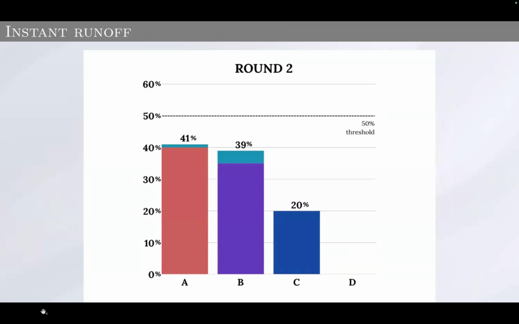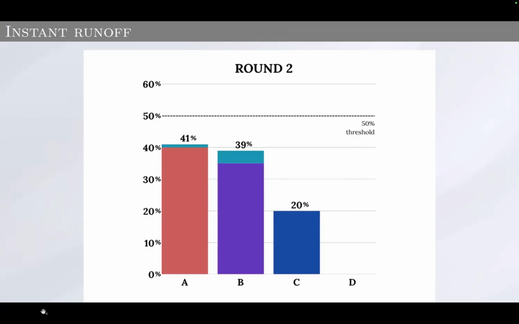So something like this might happen. A little bit of those D voters had A as a second choice, so we give A those votes. And a bunch of them had B as their second choice, so B gets those votes now. So this is the reallocation, redistribution step.